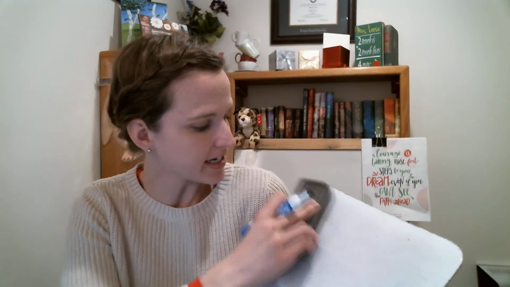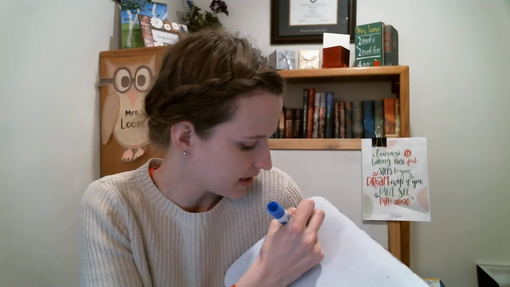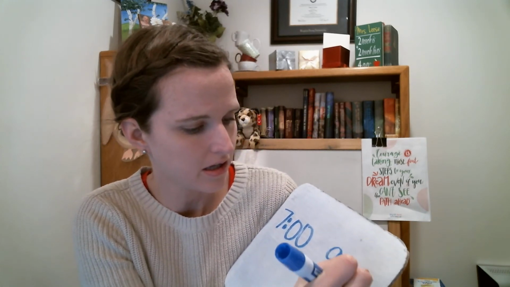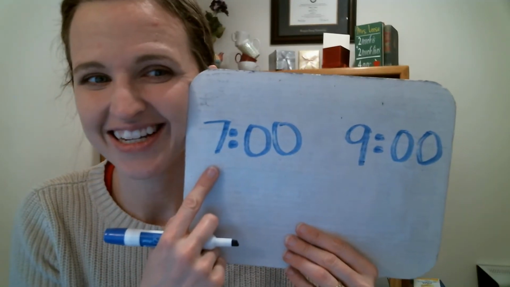I'm going to write 2 times on the board, and then I will show you a time on the clock. You have to tell me which one of the digital times matches this kind of clock. This is called an analog clock. Okay, so let's write what's this one? 7 o'clock.